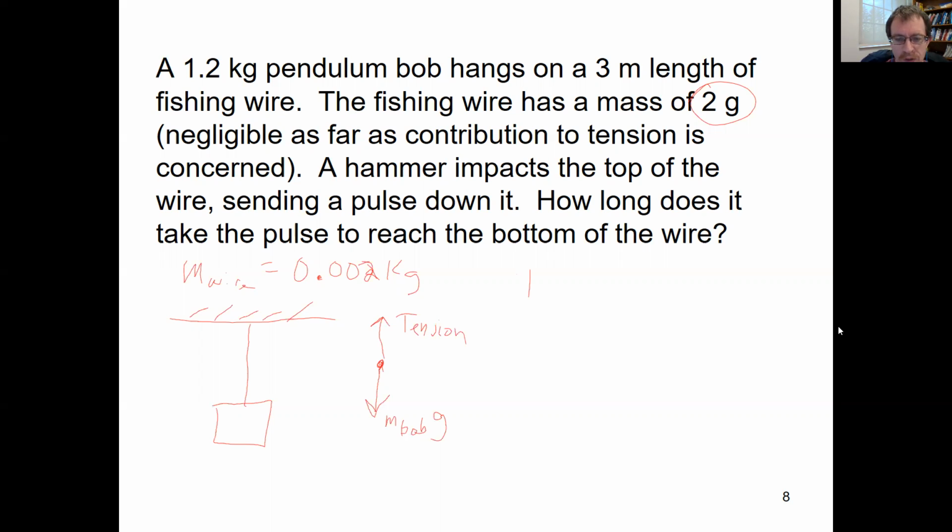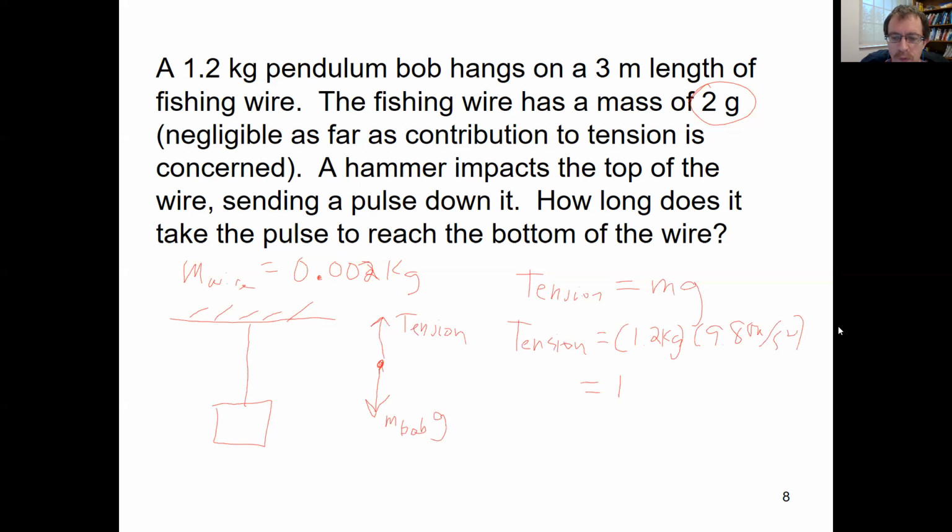All right, so the tension in that wire is going to be exactly the same size as the mass of my pendulum bob times g. So let's go ahead and fill that in. Tension in the wire is the mass of the bob, which is 1.2 kilograms, times g, which is 9.8 meters per second squared.